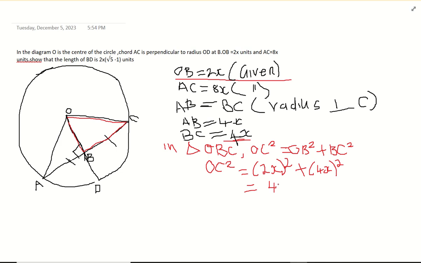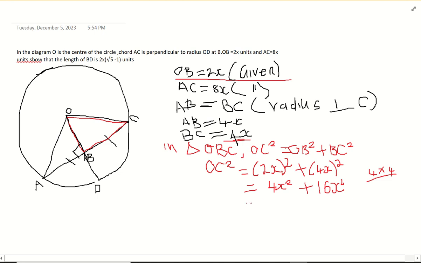Then x squared will be x squared plus 4 squared is equal to 16x squared. If you don't know how we calculate the squared, 4 squared is simply 4 times 4. That's how we got 16.